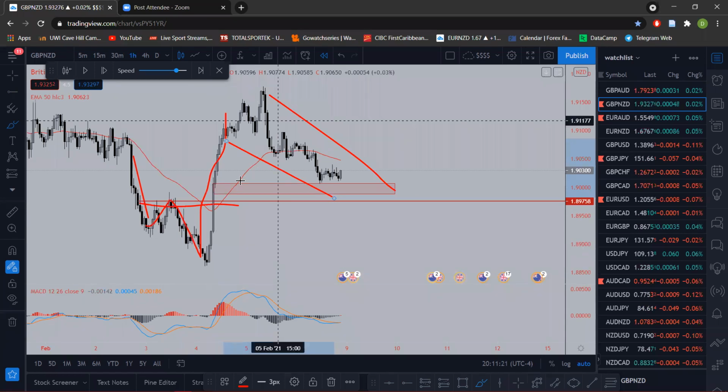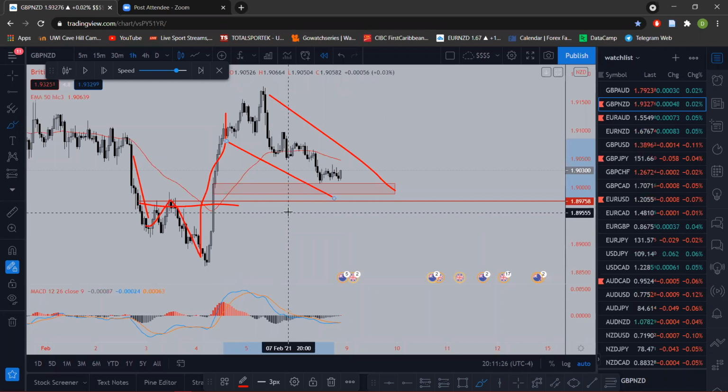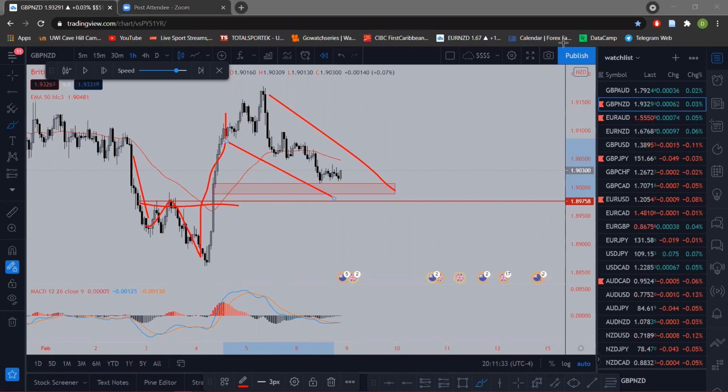We won't call it a flag if we see a strong impulse up and a strong impulse down. Everyone understand? So we're looking for smaller candles, not necessarily engulfing candles, just smaller than the impulse. We don't want to see the same size candles as the impulse when we're looking at the flags.